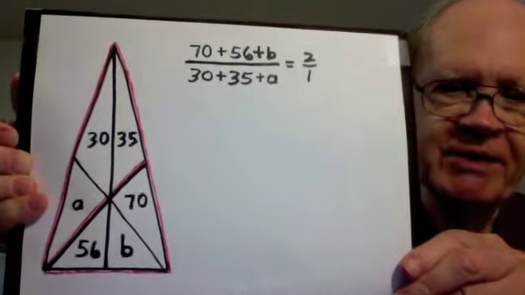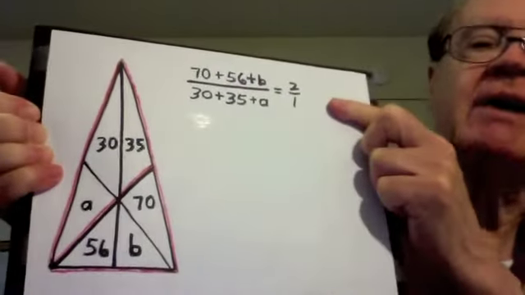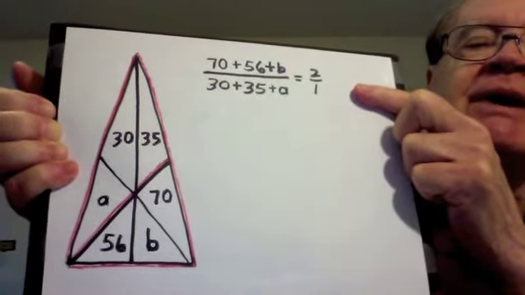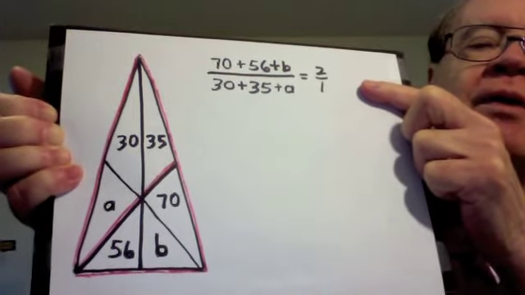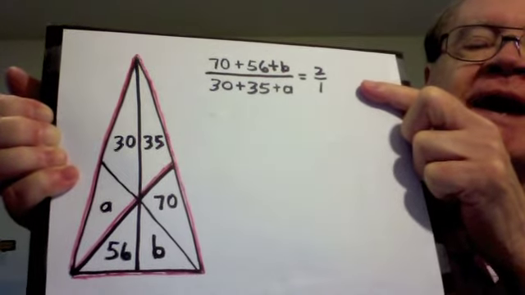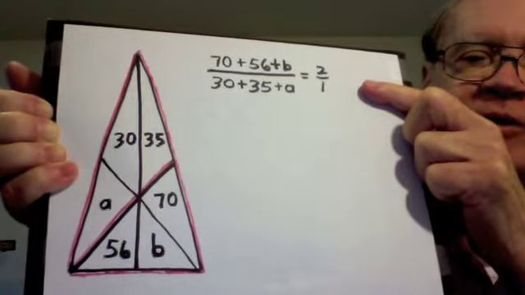That gives me this equation: (70 plus 56 plus B) over (30 plus 35 plus A) equals 2 to 1.